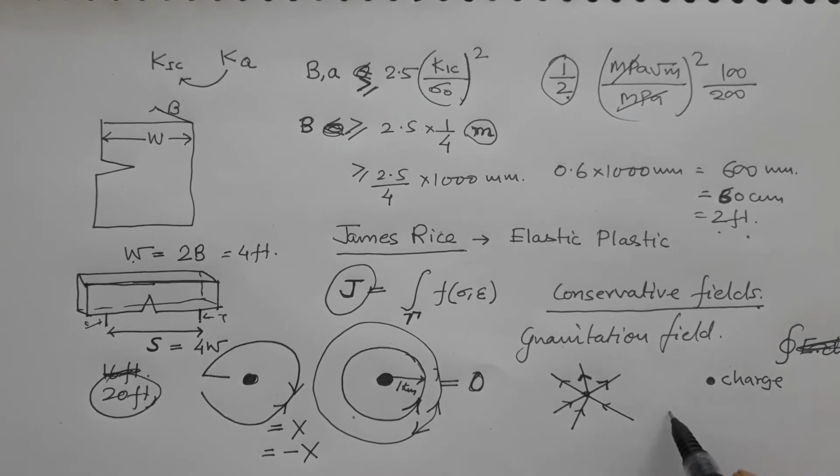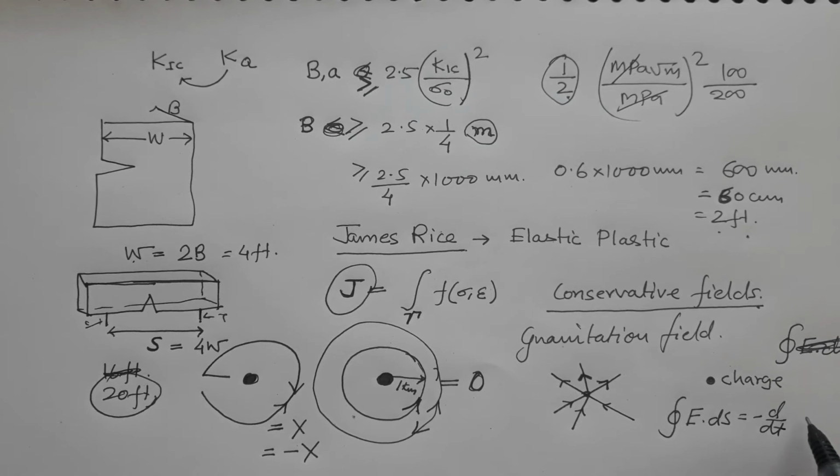So, if you take the loop integral of electric field, then that is equal to the rate of change of magnetic flux. So, that is negative of d/dt of magnetic flux.